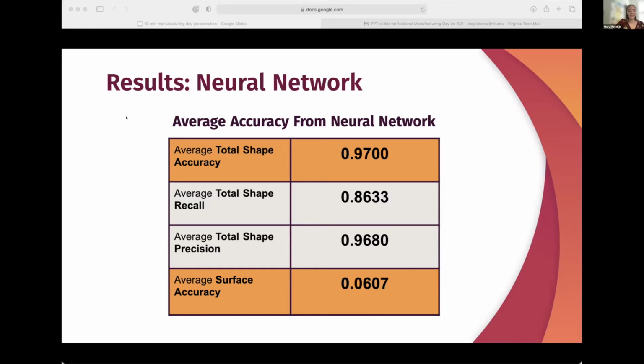While the 97% total shape accuracy is enough to be used for error prediction, the 6% surface accuracy indicated that more work needs to be done to improve the accuracy of the neural network and to make it more useful for error compensation and error minimization processes in the future.